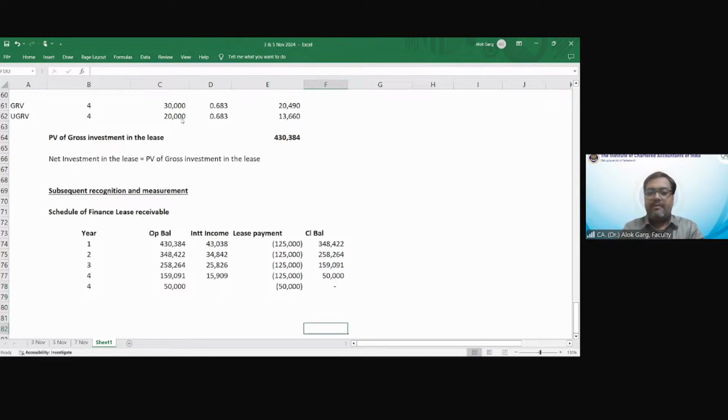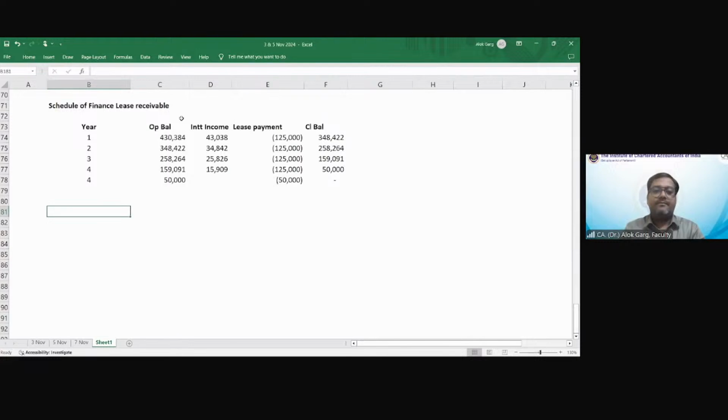Okay. What are the accounting entries along with impact? Particulars.